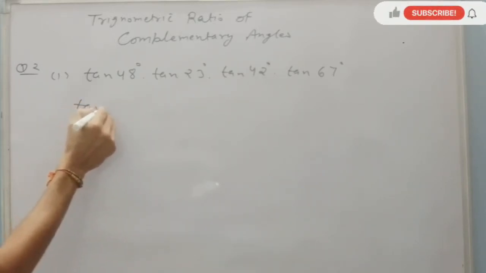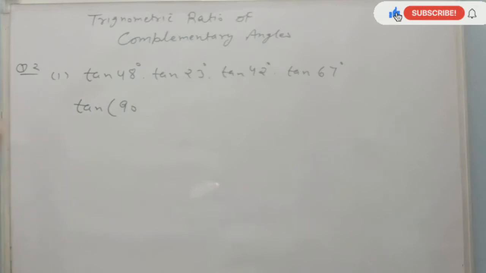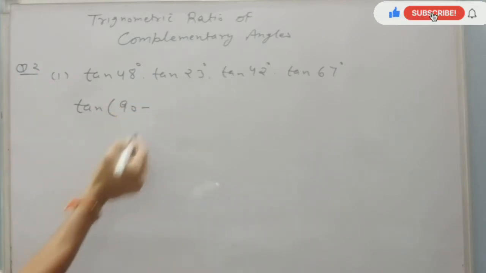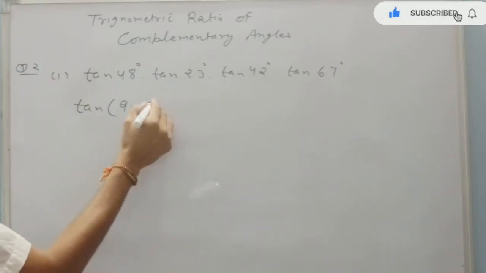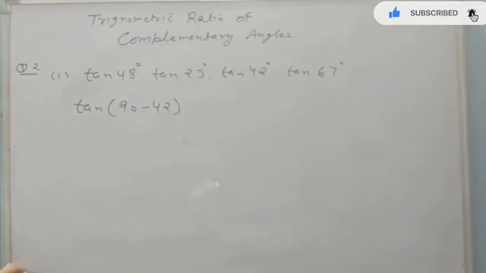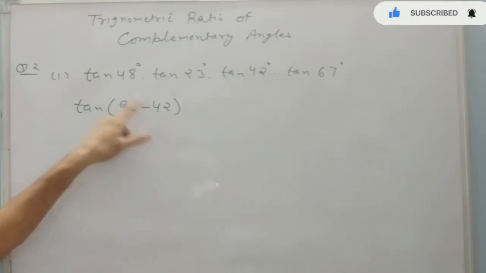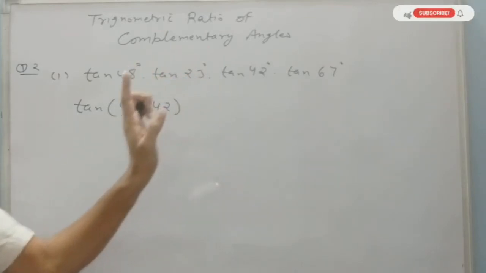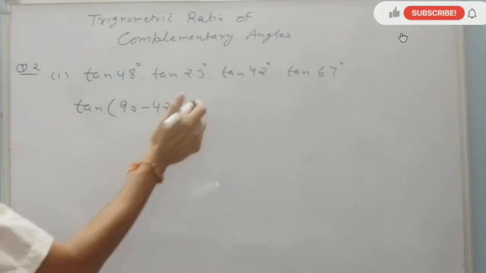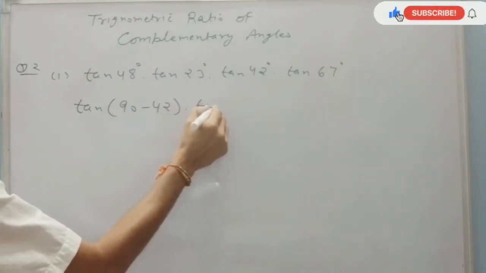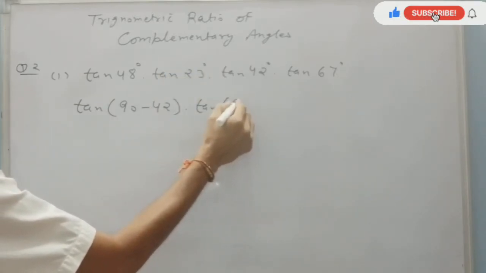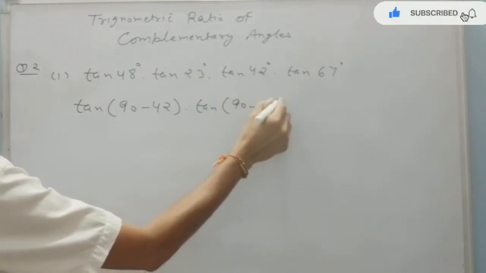I can write tan 90 minus how much I subtract from that 48, that will be 42. Now here is 42, so wherever there is 42 degrees in the whole question, I will not change it. Next one is tan, I can write as 90 minus 67.